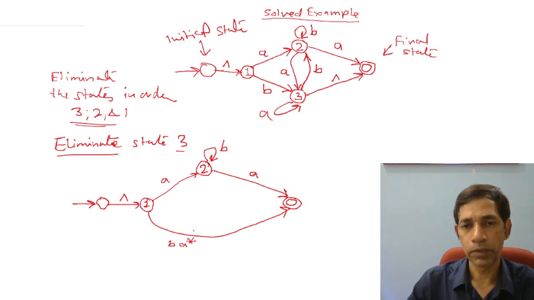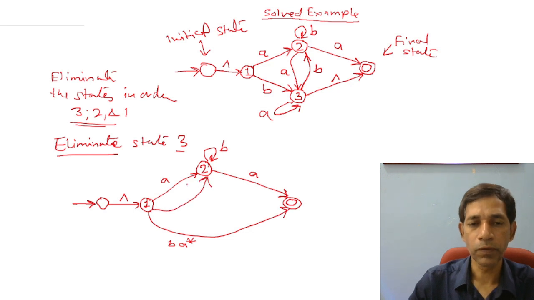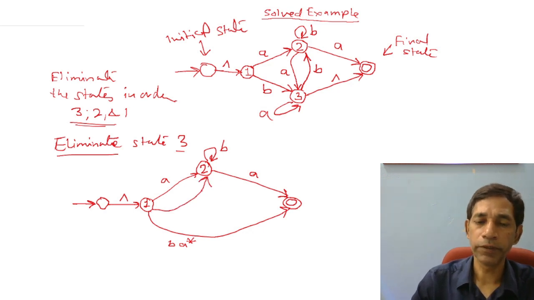Another thing is you have the outgoing edges. One goes to the final state and one goes to the state 2 also. So from the state 1 you should also have the edge from 1 to 2. What is the label of this edge?